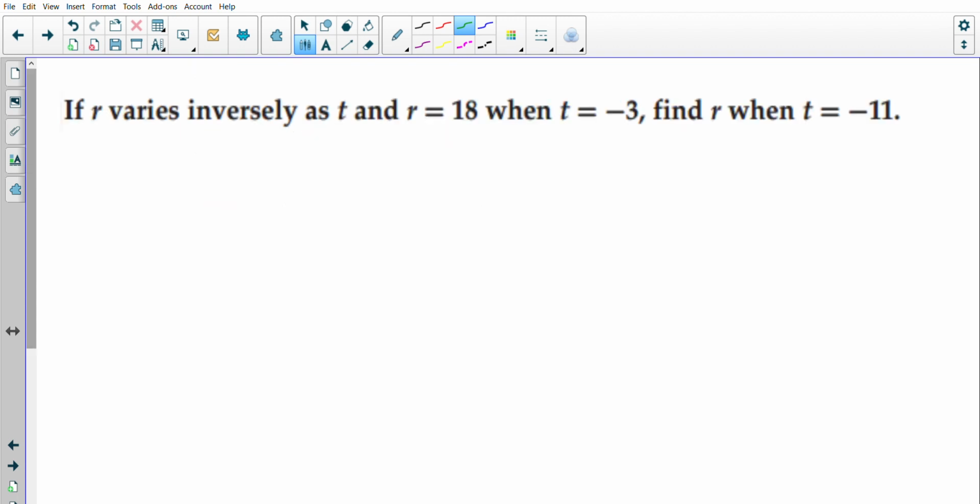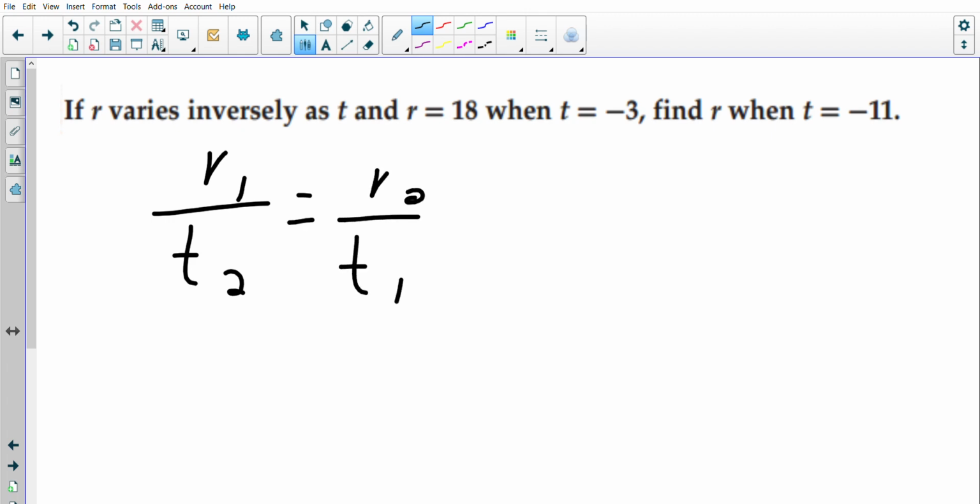So if r varies inversely as t and r equals 18 when t equals -3, find r when t is equal to -11. So let's just rewrite this proportion. So we have r sub 1 over t sub 2 is equal to r sub 2 over t sub 1. So they switch sides.